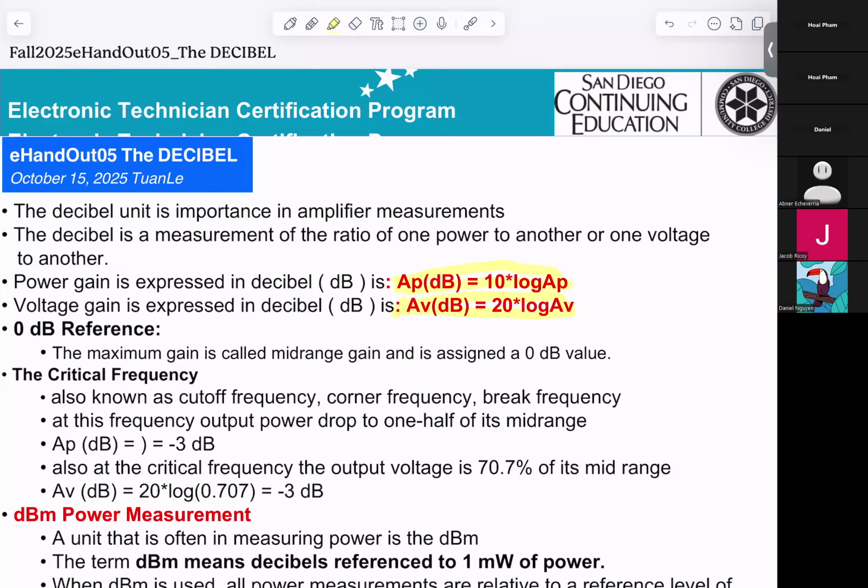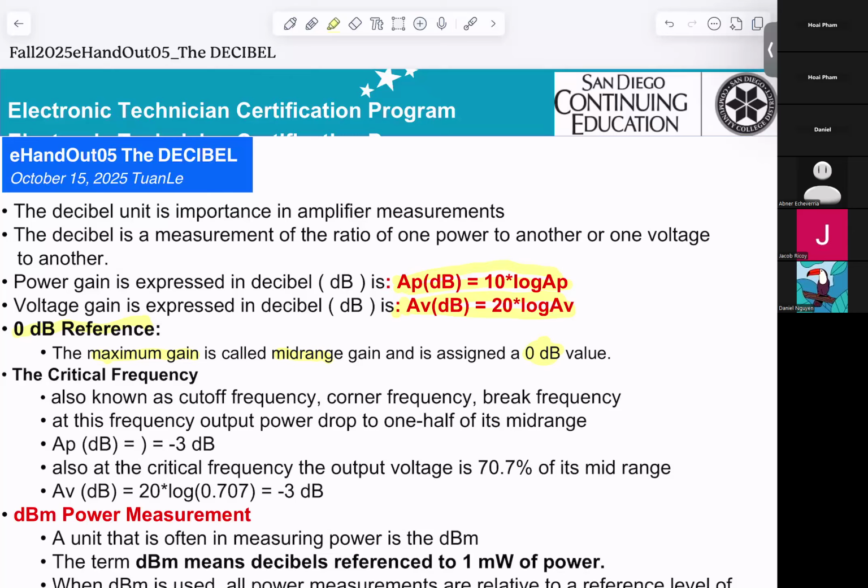And the current gain, AI, will be the same form. The 0 dB reference, what does that mean? It is the maximum gain, which we call mid-range, and it will be the 0 dB value.